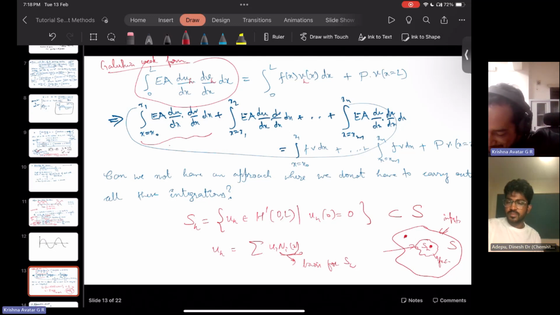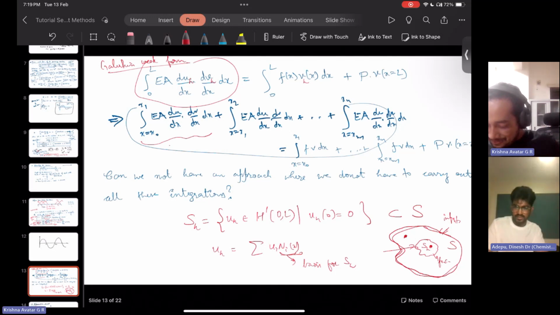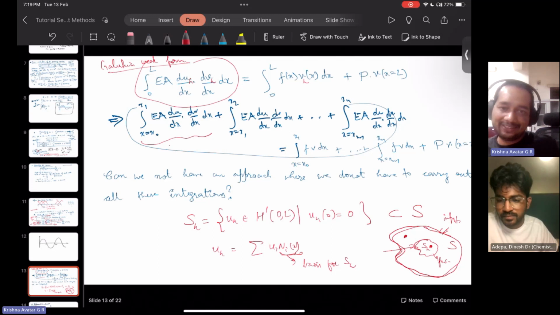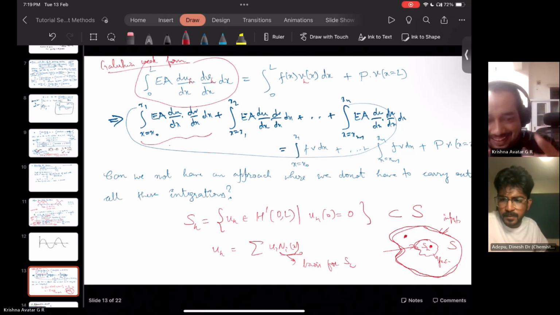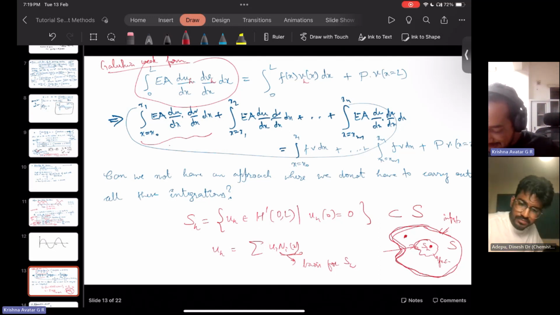Which means that before, we were considering that any of the members within this S can be a solution. Now we have reduced some. We can also say that we have reduced the area in a lake where we are fishing. Before, we were fishing in the entire lake. Now we have just chosen one segment.